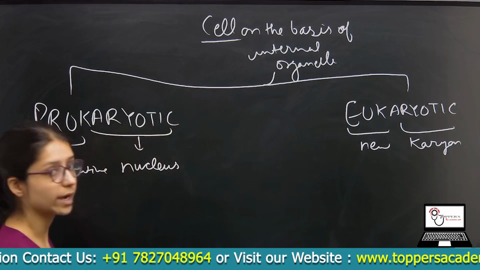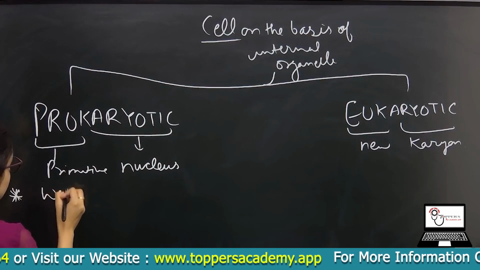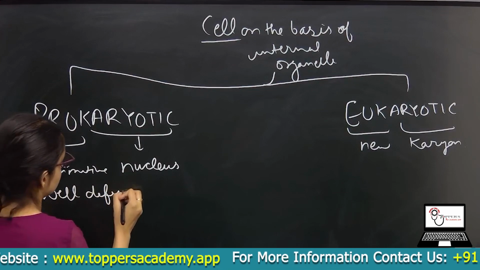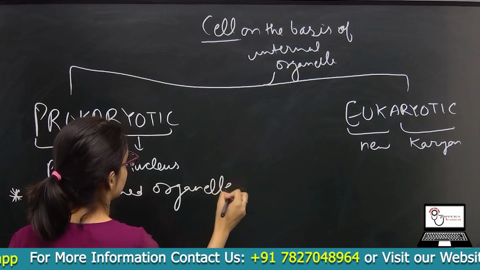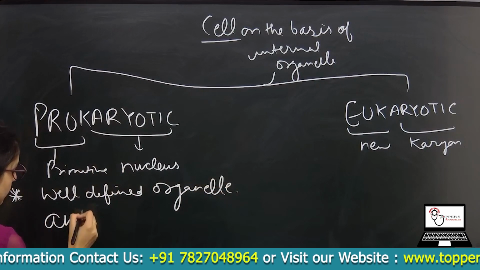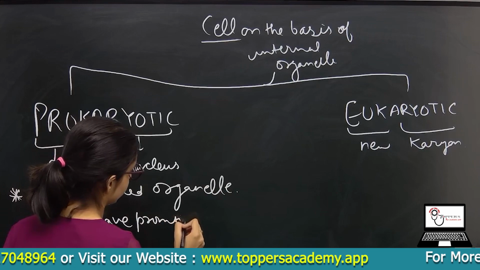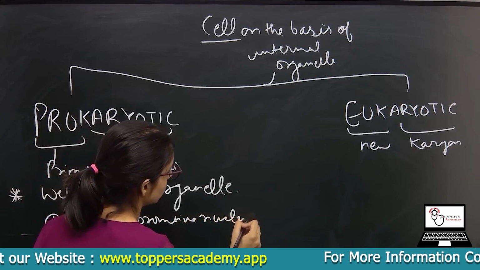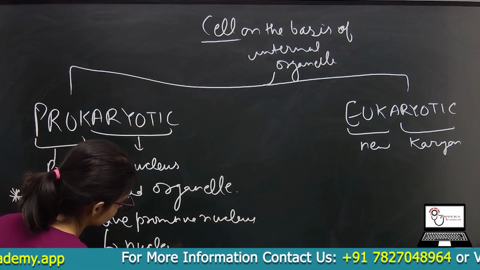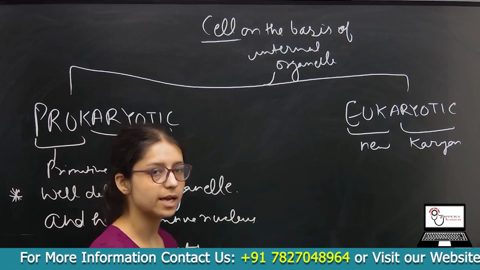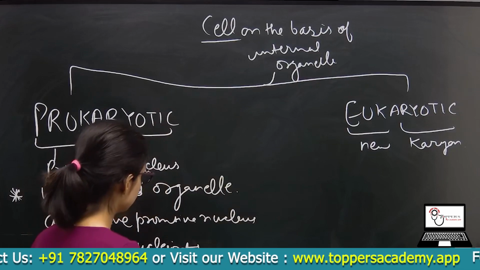So in prokaryotic cells, they do not have well-defined organelles and have a primitive type of nucleus. The primitive nucleus we call the nucleoid, because this type of genetic material does not have a well-defined membrane.